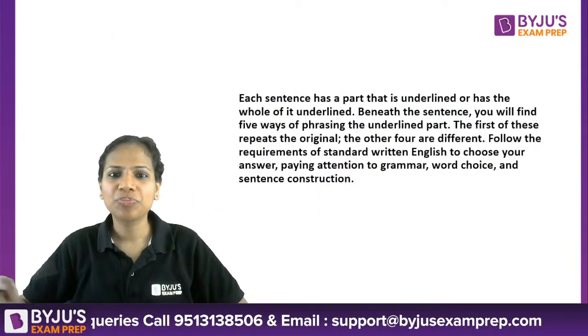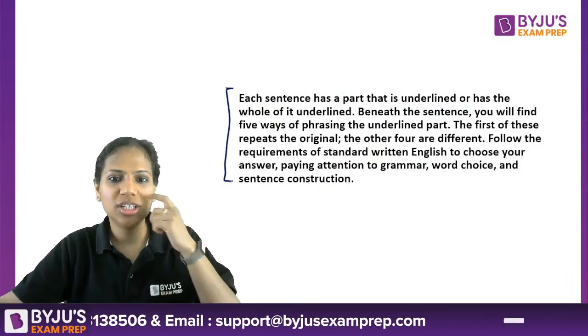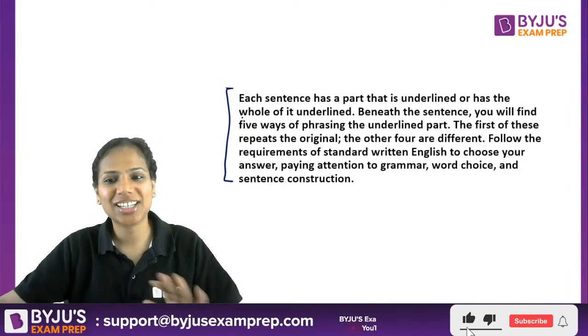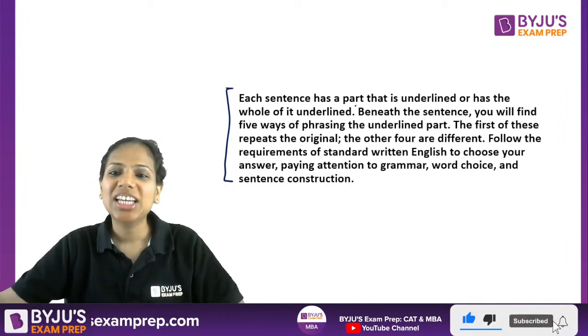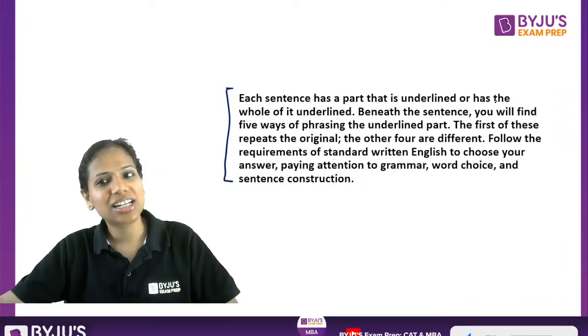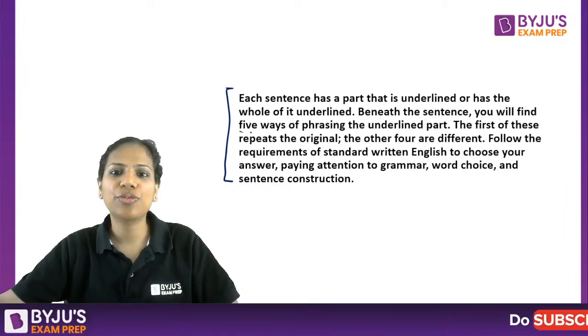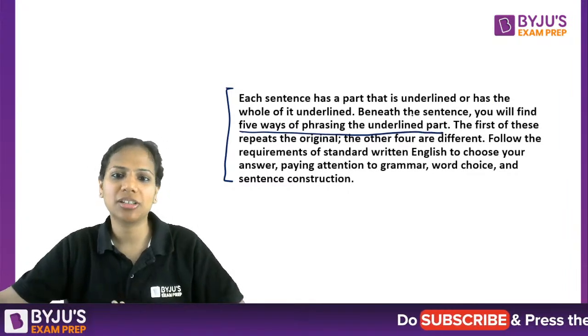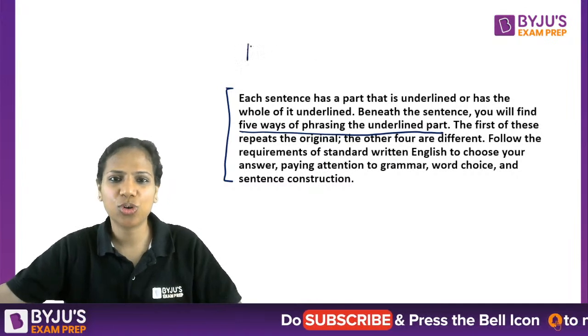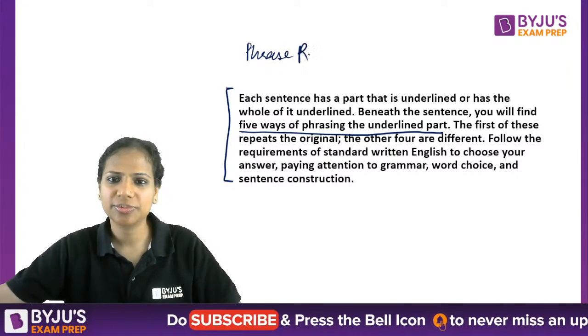Now coming to this one, so quite long instructions, but the question is actually an easy question type. Each sentence has a part that is underlined or has the whole of it underlined. Beneath the sentence, you will find 5 ways of phrasing the underlined part. So I think it's phrase replacement or sentence correction as we call it.